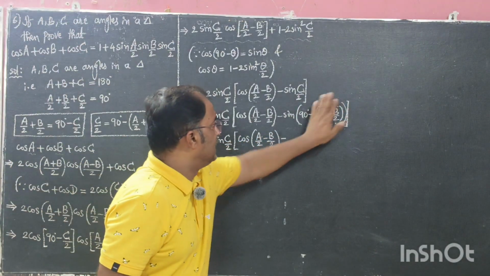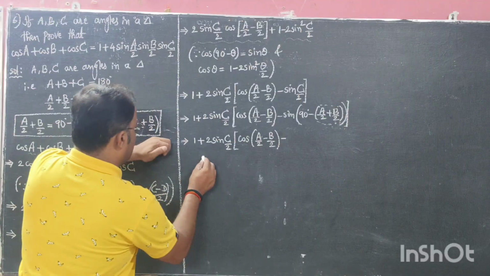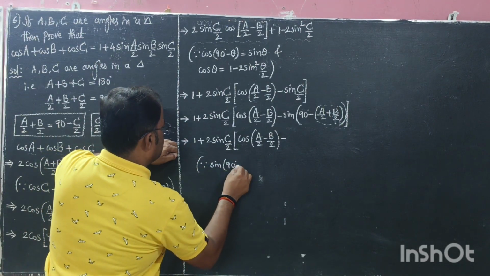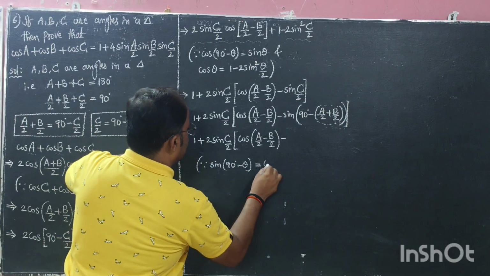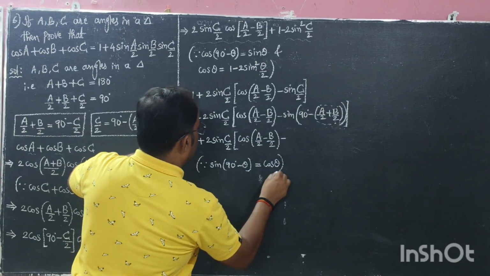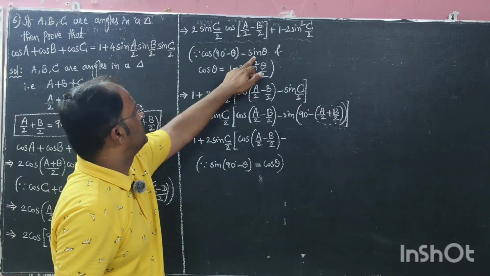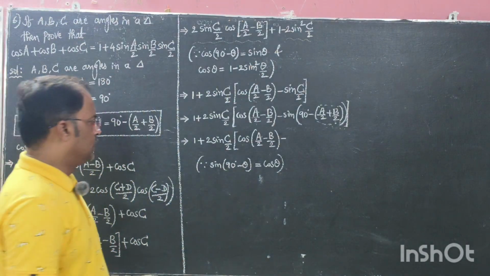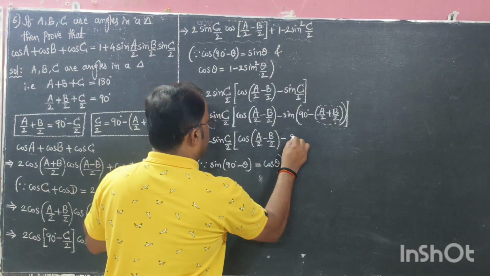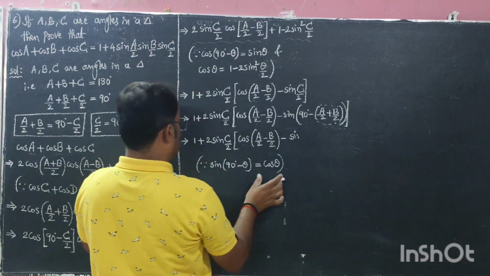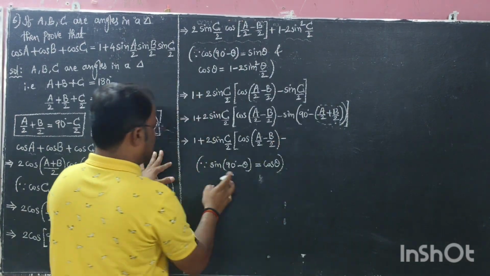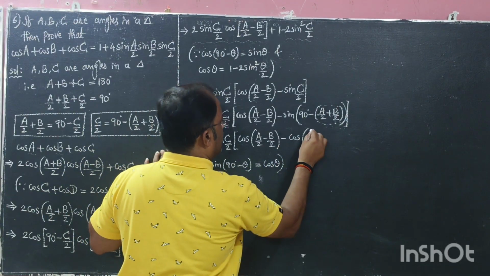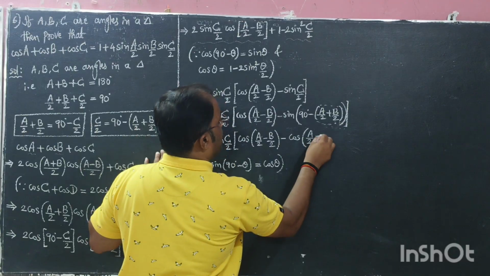So the formula is sin of 90 minus theta is cos theta. Already we use the reverse, cos of 90 minus theta is sin theta, or sin of 90 minus theta is cos theta. So here sin of 90 minus theta means cos theta. What is theta value? A by 2 plus B by 2.